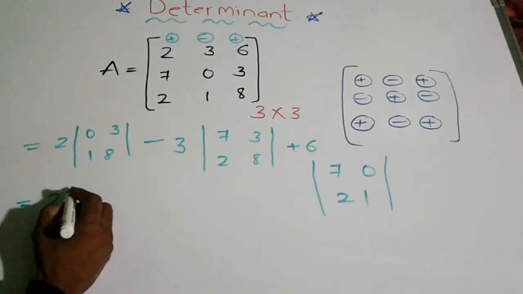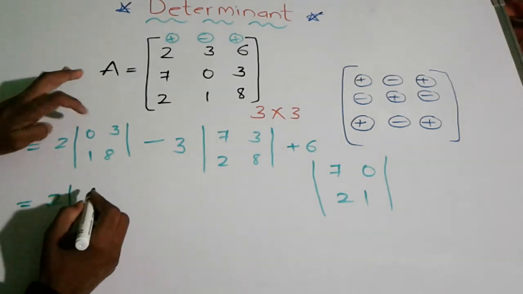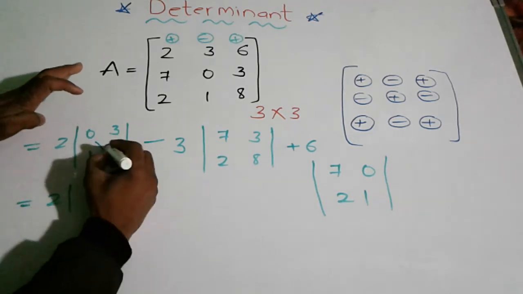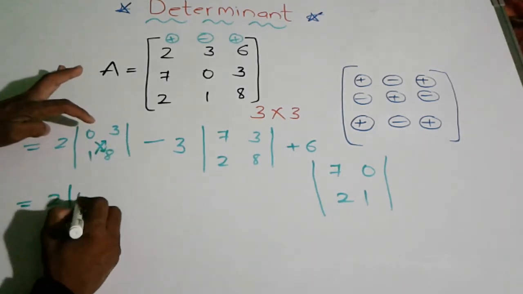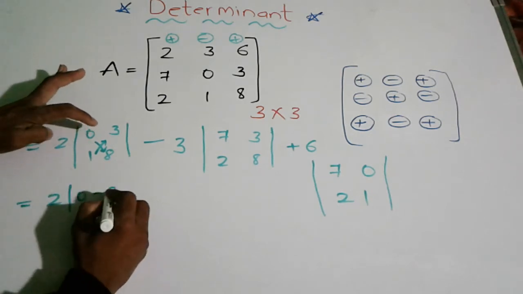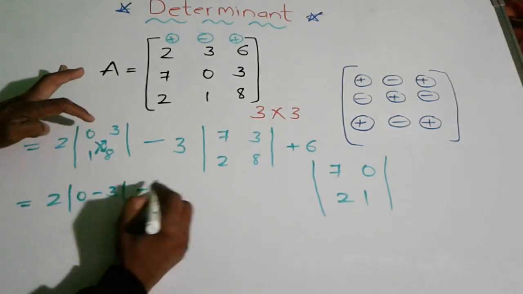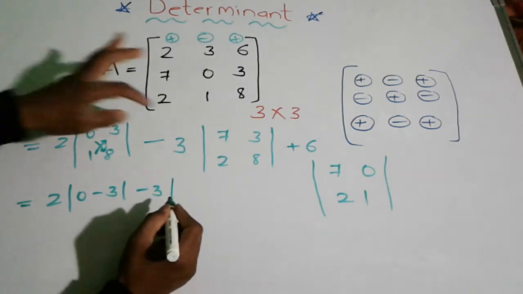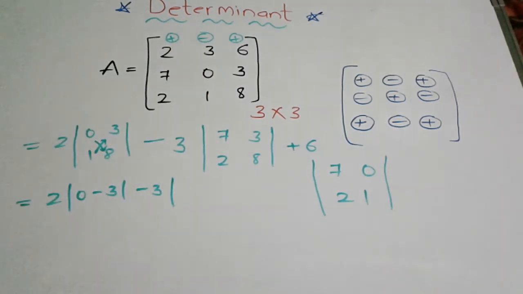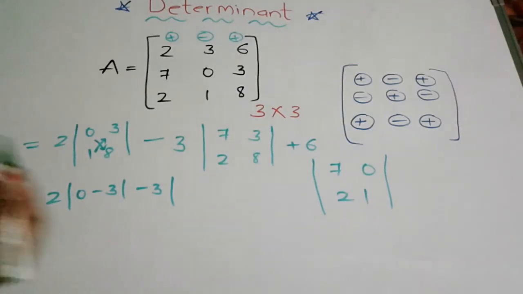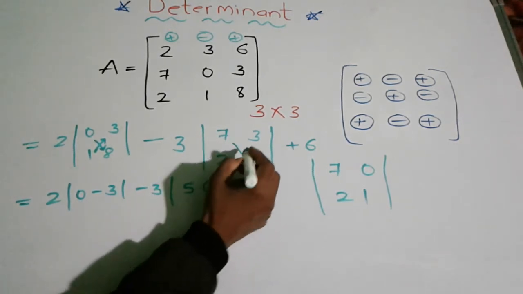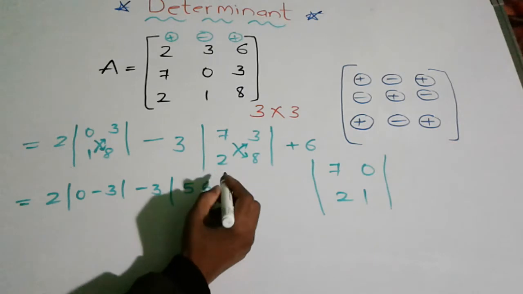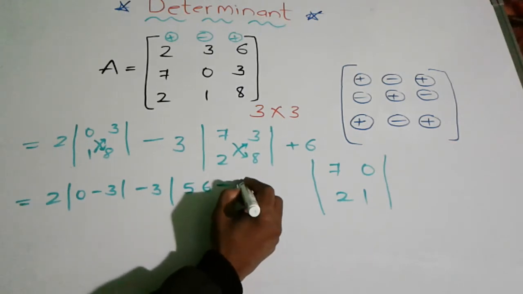So 2 multiplied with 0 into 8 in this way, and minus 1 into 3. So 0 minus 3 is minus 3, and 7 8s are 56, in this way, multiplied with this 2 and 3 minus, 2 3s are 6.